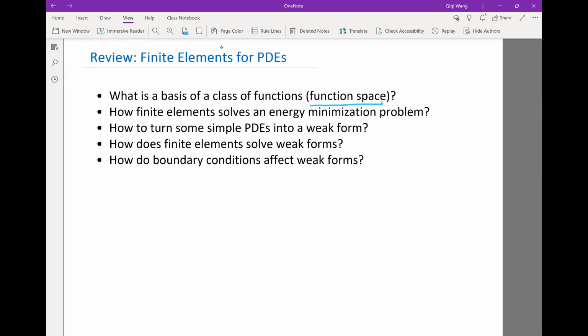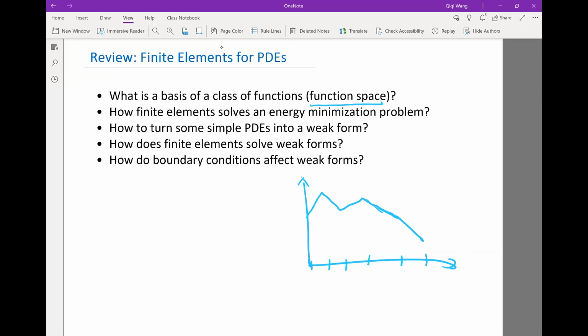We have studied the function space that is composed of piecewise linear and continuous functions. We split the space into finitely many elements, and we're studying all functions that are piecewise linear and continuous across the interface. That's the flavor of finite elements we have studied in this class.